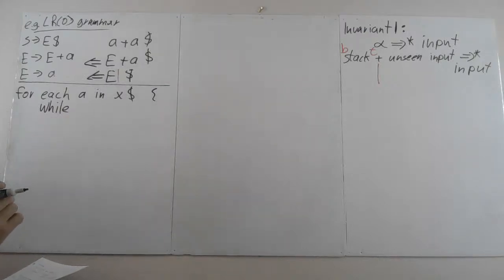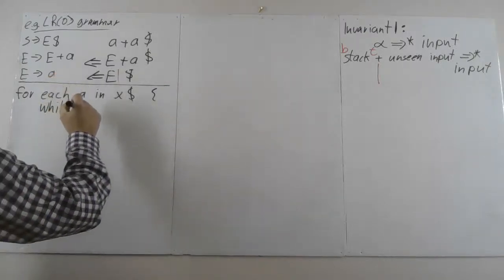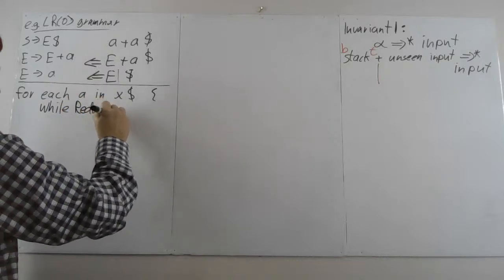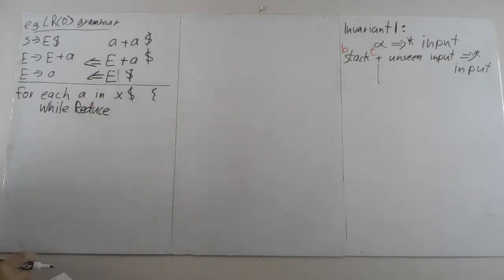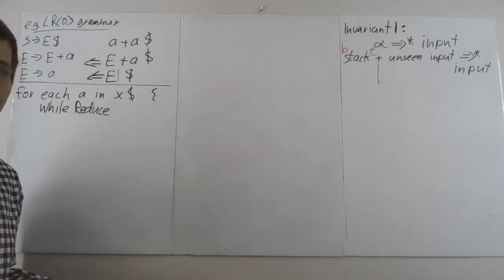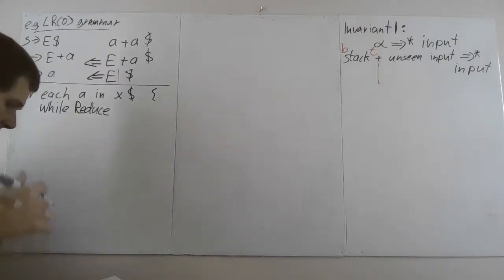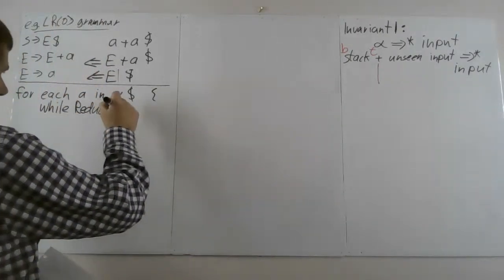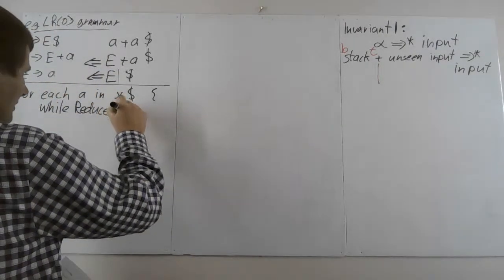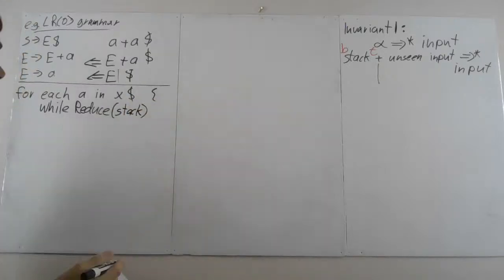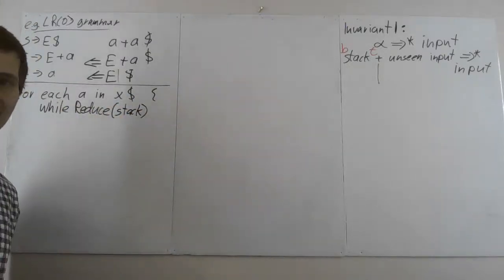And for this while loop, I'm going to use a magic function called reduce, just like in the LL parser, I had this magic function predict that would tell me what to do, and we'll see what goes into the function in a little bit. But this function is going to take as input the current stack.